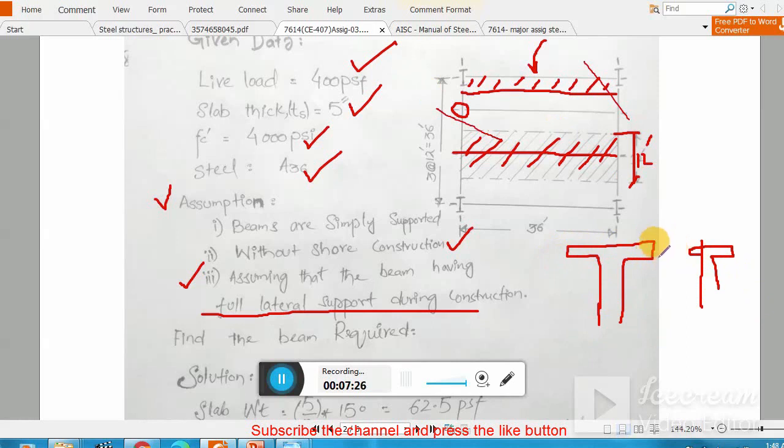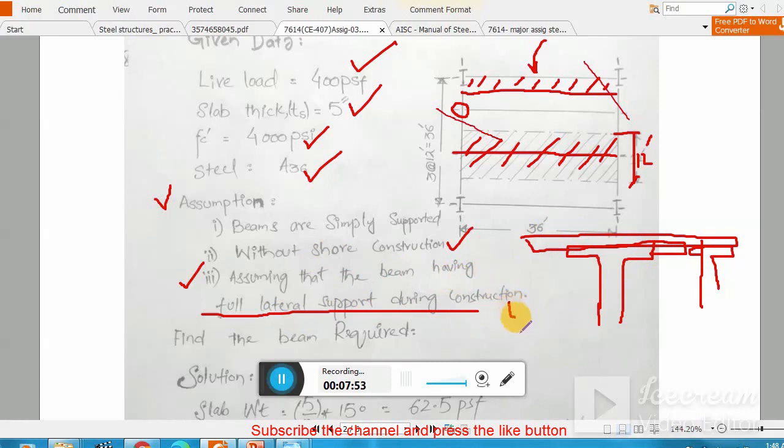Now we provide such an arrangement that these beams are laterally supported, because there is corrugated steel sheet over these beams, and those sheets provide lateral supports to these beams. So that's why we assume that the lateral support during construction is complete lateral support, okay.